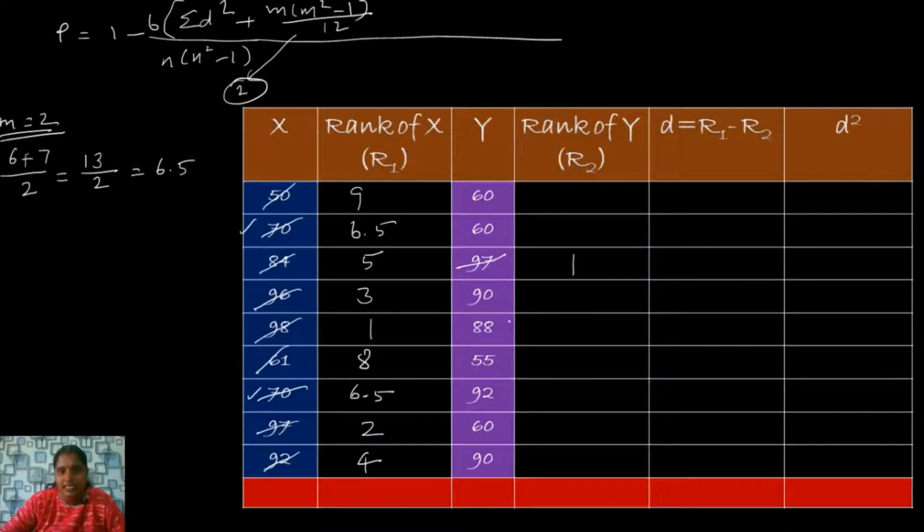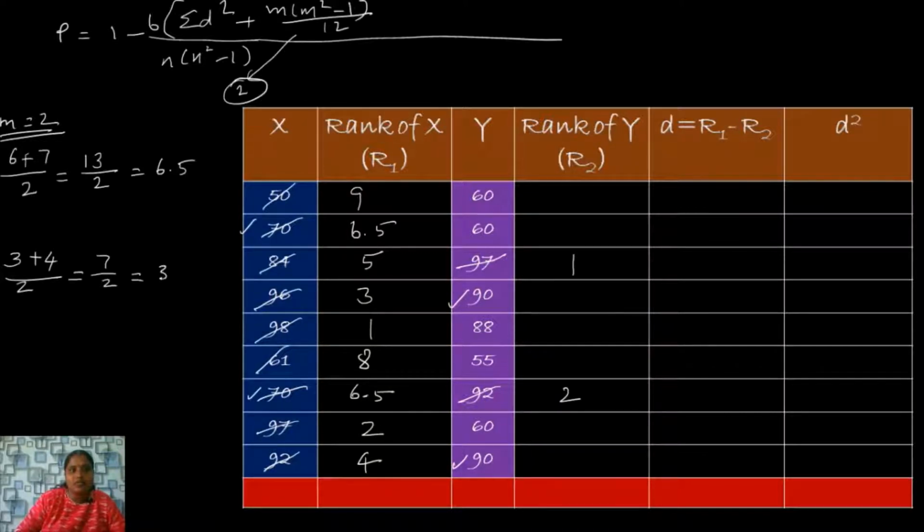The next highest value is 92. Assign rank 2 to 92. And the next highest value is 90. The value 90 is repeated 2 times, so there is a tie between the ranks. Already we have assigned up to the second rank, so there is a tie between ranks 3 and 4. So you have to take the average of these two, that is 3 plus 4 over 2, that is 7 by 2.